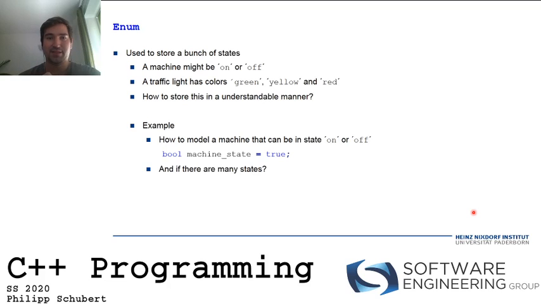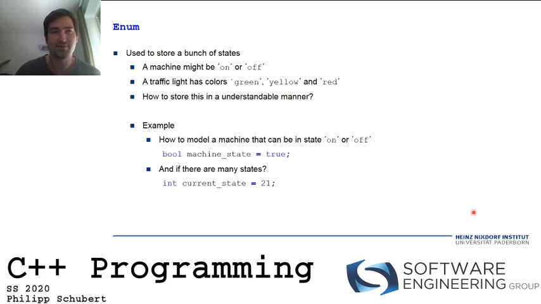But what if there are many states? If there are many states, you could probably use an integer and have a variable named current state of type integer, and maybe you store the state 21 in that variable. But the problem here is, what does the state 21 mean?